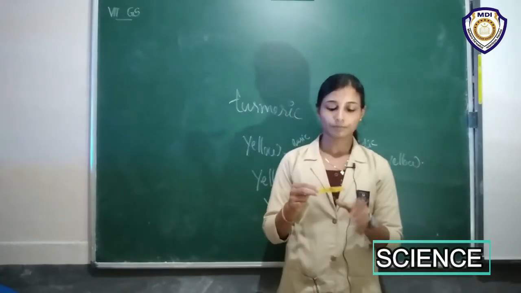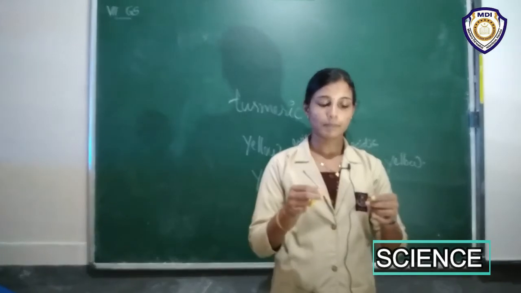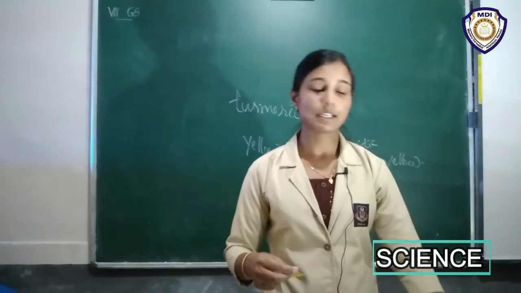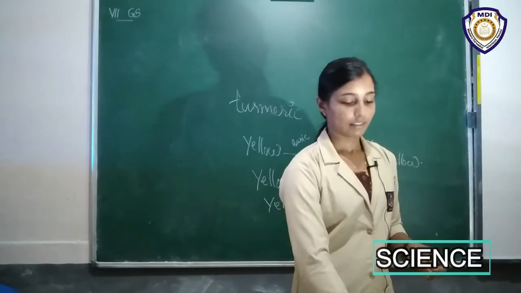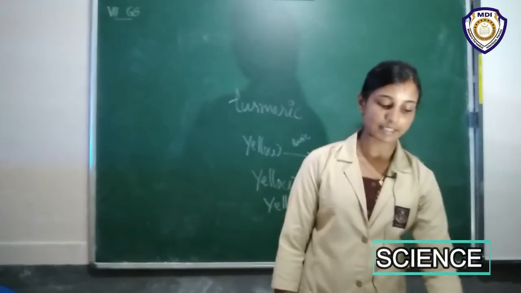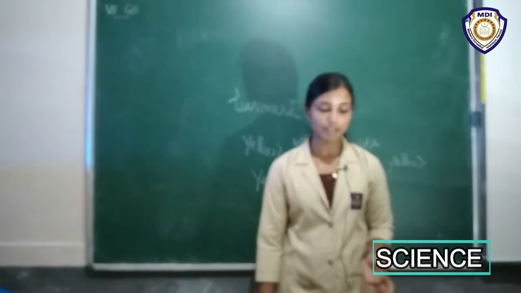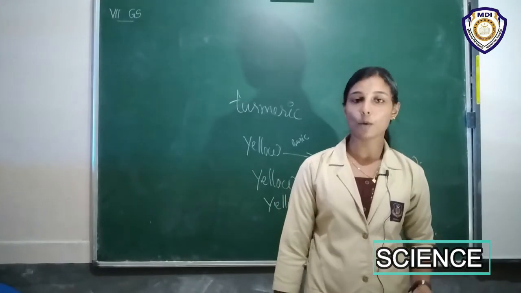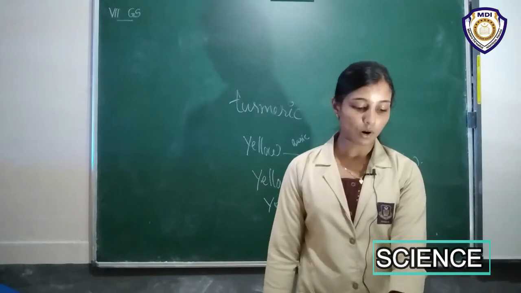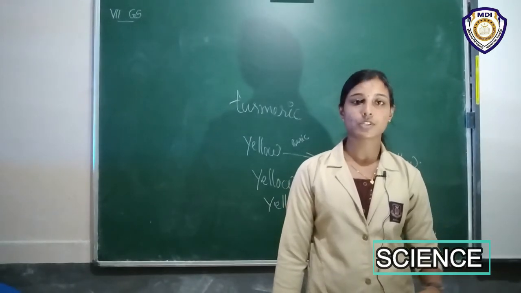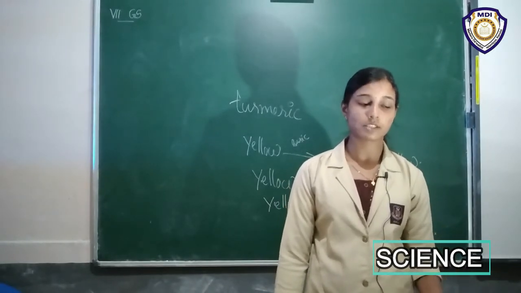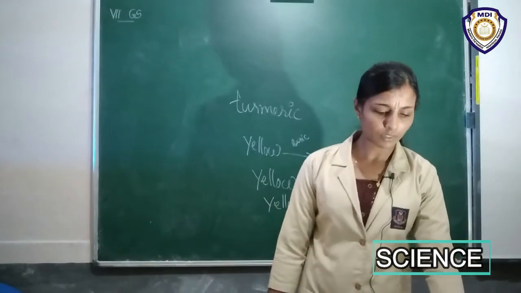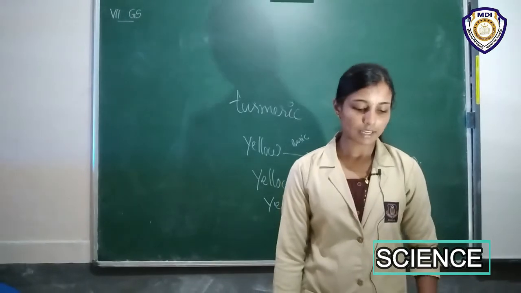Then you can make these small strips, and you can do the experiments using these test solutions, that is lemon juice, orange juice, vinegar, milk of magnesia, baking soda, lime water, sugar and common salt. You can test the nature of these test solutions using this turmeric strip. So what will be the results?